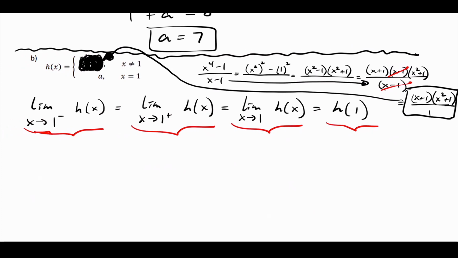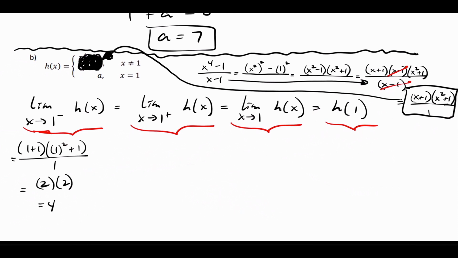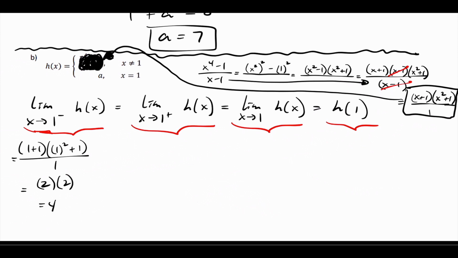So I get 1 plus 1, 1 squared plus 1 over 1, which is 2 times 2, which is 4. Okay. Done with that one.